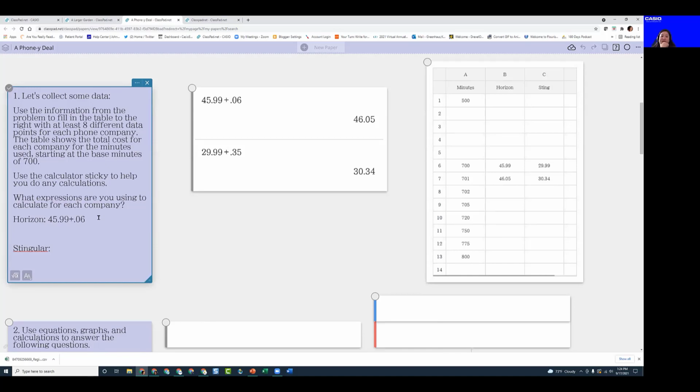Do we need to do the mathematics there? Or are we just assuming they're starting at 700, so then it's just for every minute, so it would be just X. Yeah. That's a great question, actually. And I guess it would depend on the level of your student.